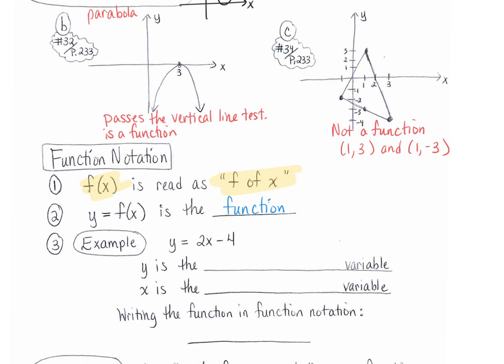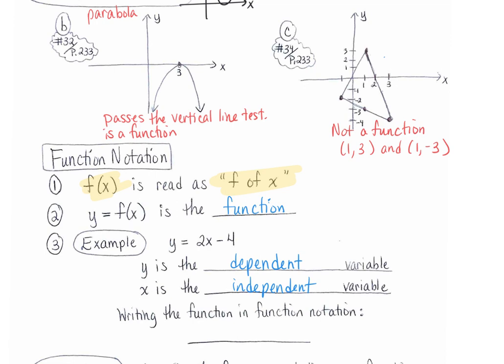For this example, for y equals 2x minus 4, y is the dependent variable because it depends on what variable? X. X can stand by itself, so x is the independent variable.